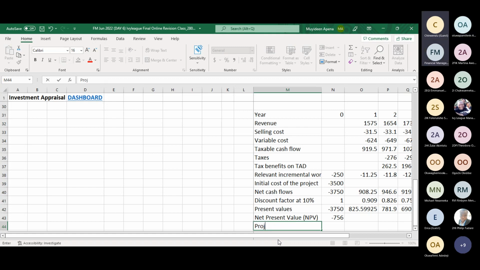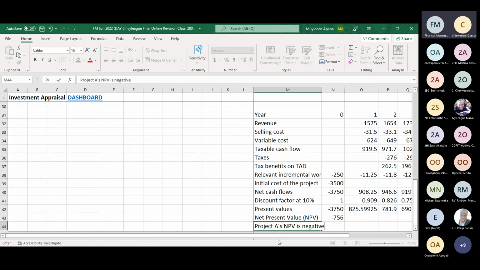So we say project A's NPV is negative. So tell the examiner the implication of this before you now say it should not be accepted. Because the examiner can see that it's negative as you have calculated it, and you have earned marks for that. So you may not earn marks for just saying it's negative. So tell the examiner the implication.